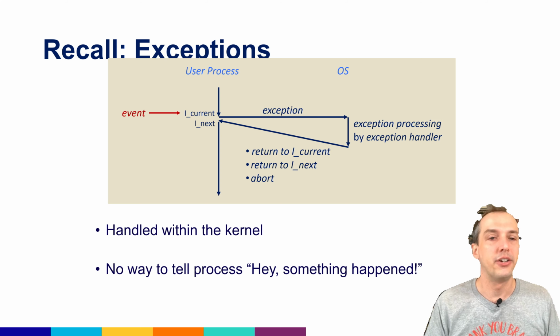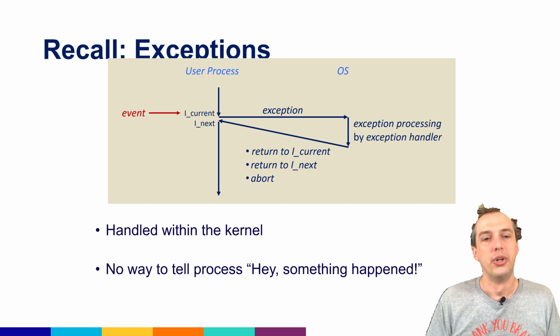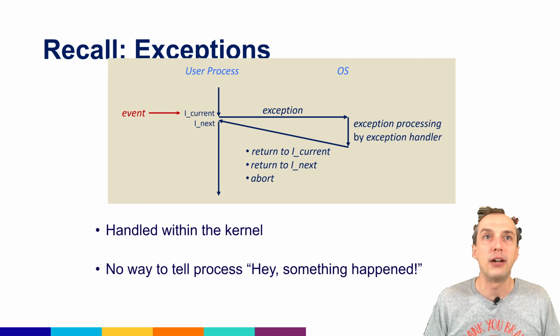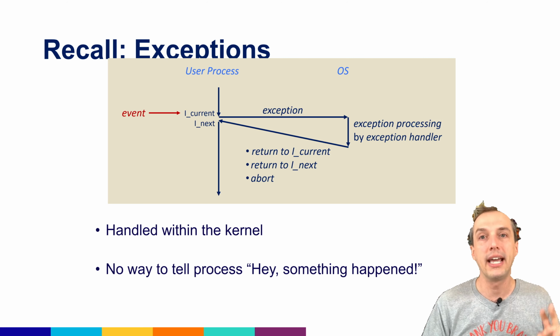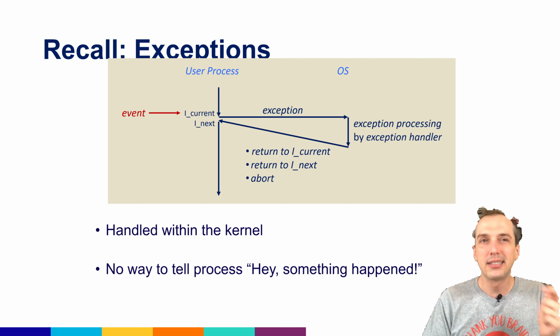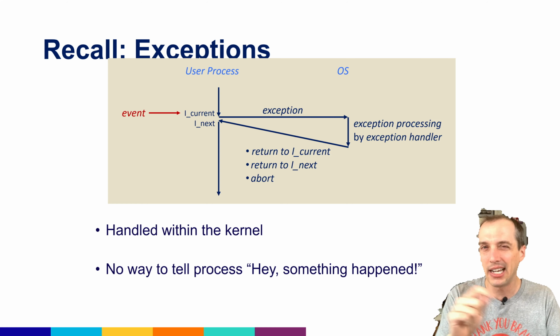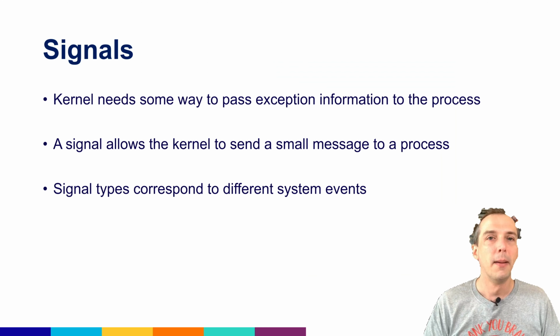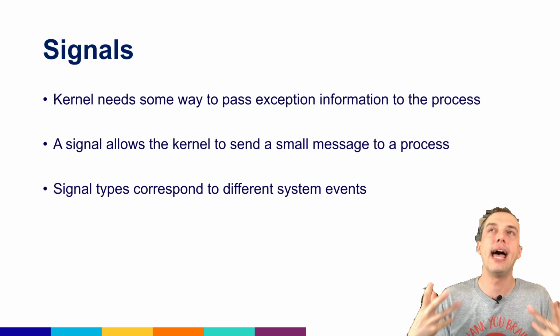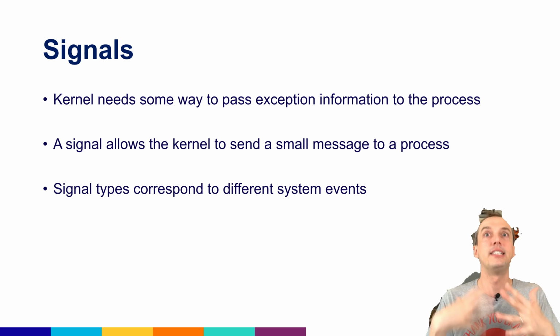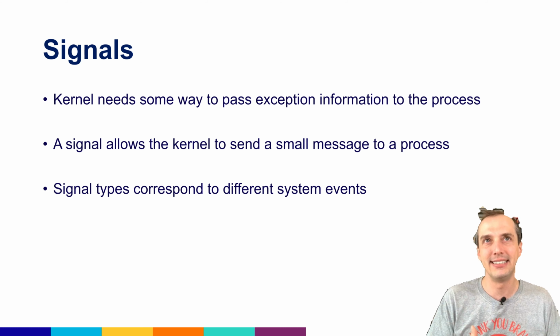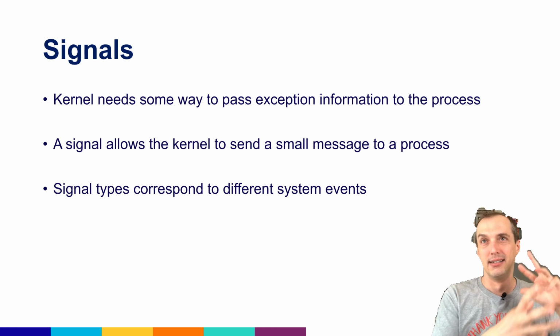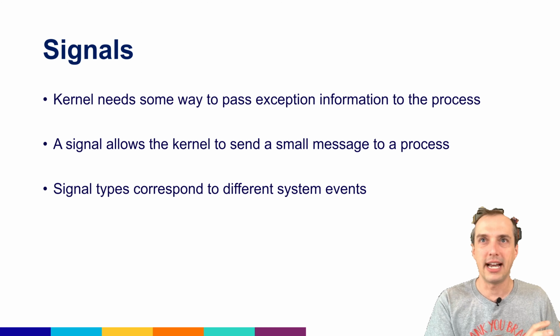With this, there's no way to tell the process, hey, something happened, outside of stopping it and giving it this information. What we get out of the signal mechanism is something that allows us to send these messages back and forth, but it's not going to be as heavyweight or as disruptive as the typical interrupt style approach.